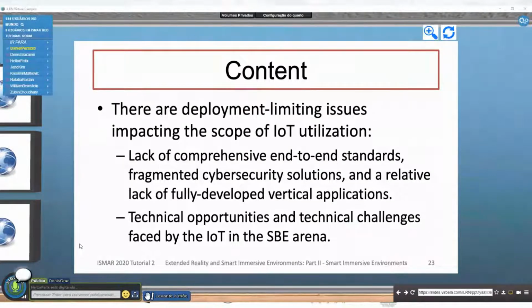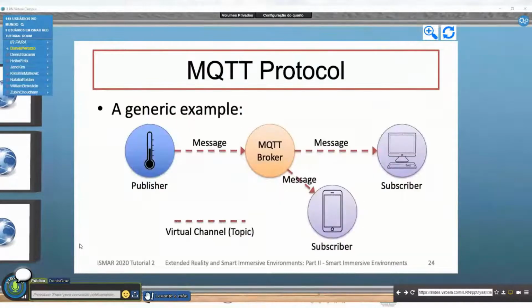So now we are going to look at some ways we can go from those smart building environments to smart immersive environments. But before that, let's provide a brief explanation of the MQTT protocol that is being used at the IoT level. That protocol is a publish-subscribe protocol.